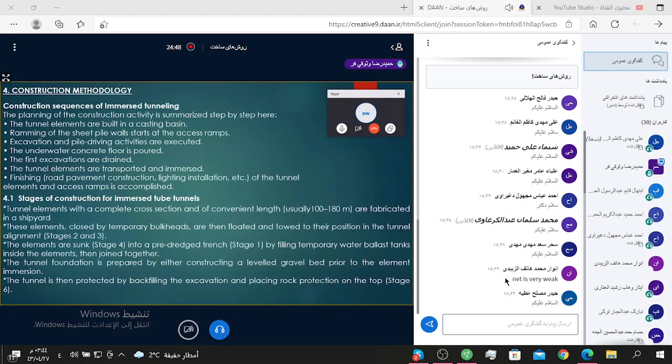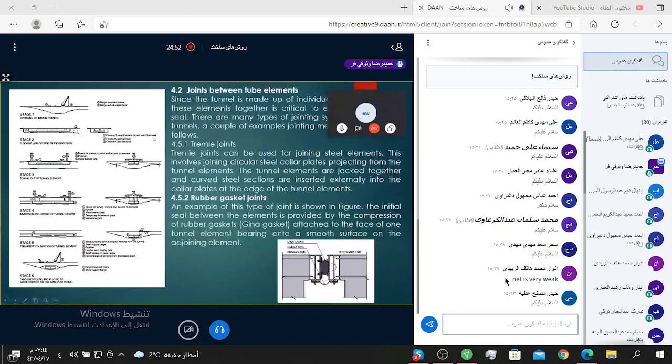The construction of the element that is set up is fully efficient, and the joining together of individual elements is critical to ensure watertightness.